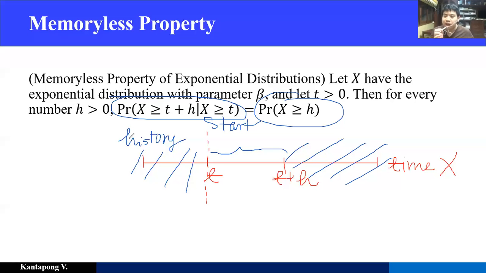So that's going to be the exaggeration, because if you have waited for some time, it is as if you haven't been waiting. This has an implication in survey sampling also. If I were to teach that kind of course, this one would be another topic. So this is the same intuition as the negative binomial. That's why it's called memoryless.